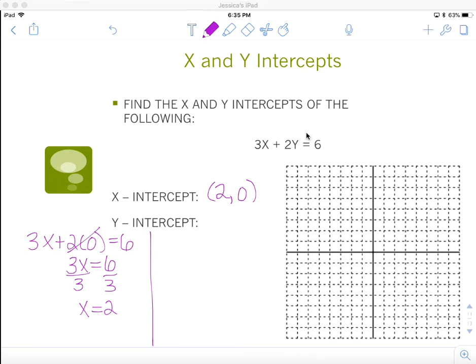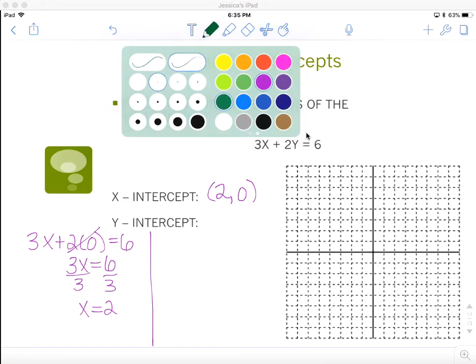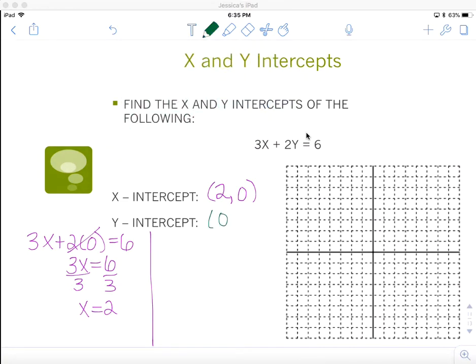Your y-intercept is very similar. For your y-intercept, x has to be 0. So you would do the same thing, except this time you would plug 0 in for x. Since I'm looking for the y-intercept, I'm going to solve for y. Here, 3 times 0 cancels out, and I'm left with 2y equals 6.